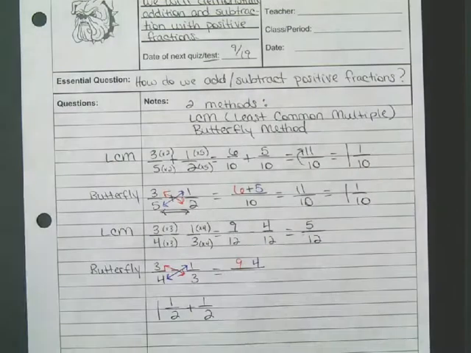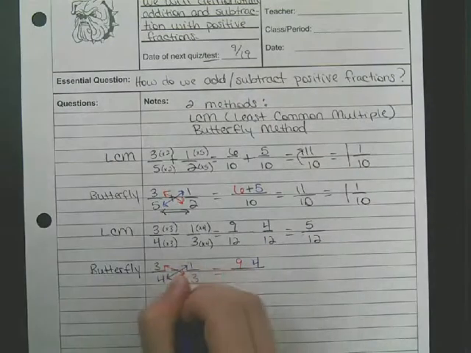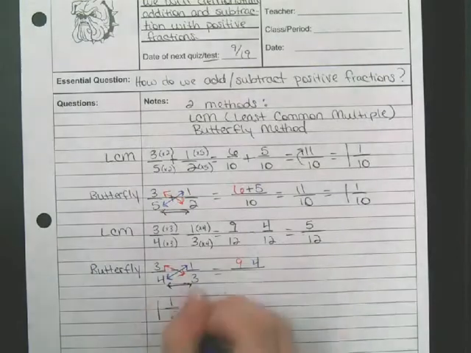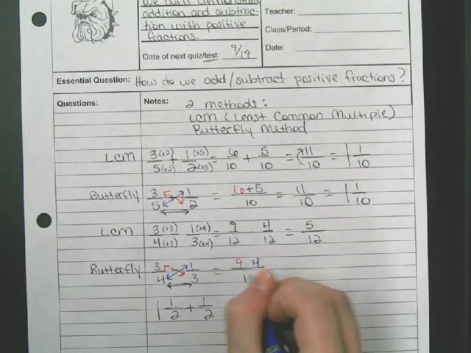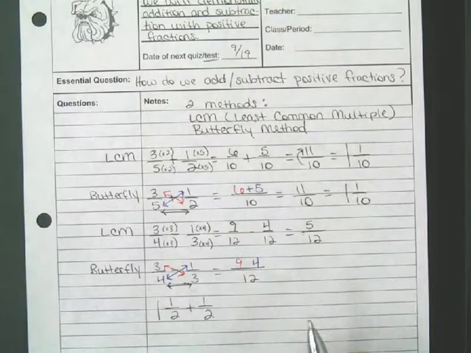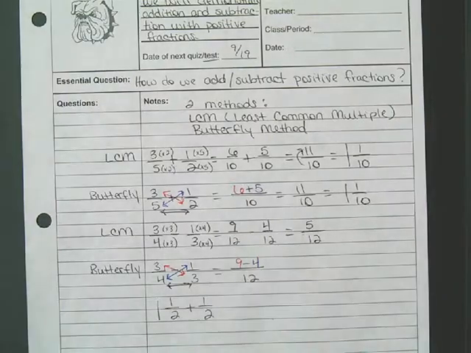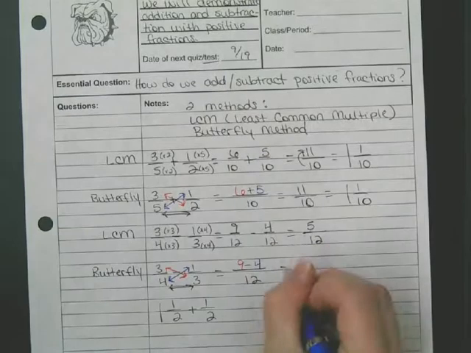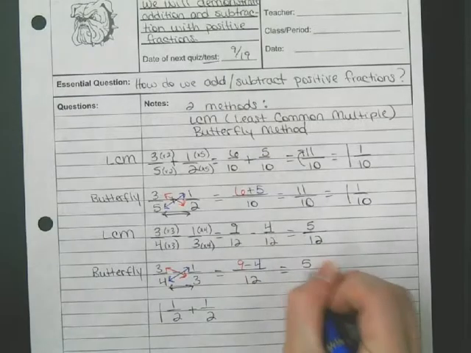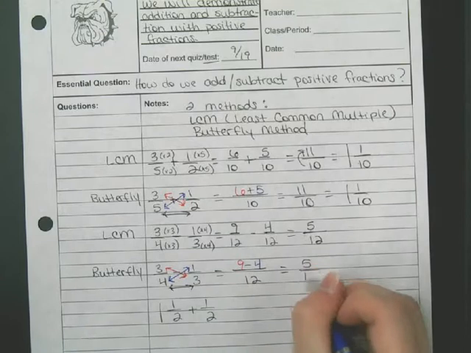And then I'm just going to multiply my denominators, which is 4 times 3. That gives us 12. This is a subtraction problem, so I need to have a subtraction sign right here in the numerator. Now, 9 minus 4 is 5, and my denominator is 12.